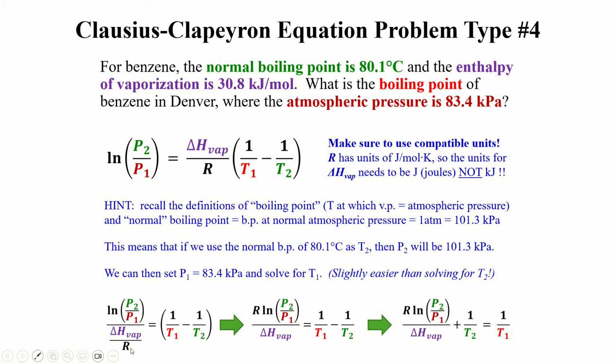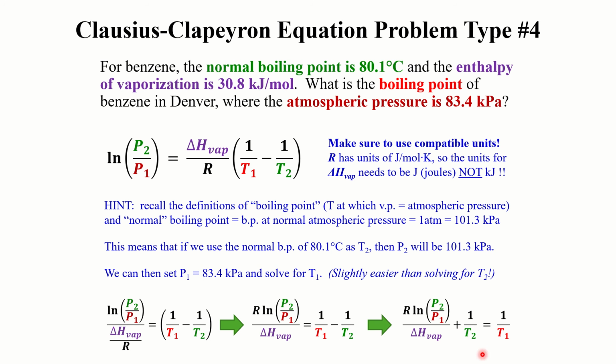Then I basically just flipped that R up to the top, right? It's in the denominator of the denominator, so it can be flipped up to the numerator. And then finally, this 1 over T2 term is just moved via addition from the right to the left side. And so I get this equation right here: 1 over T1 equals this big mess plus 1 over T2.